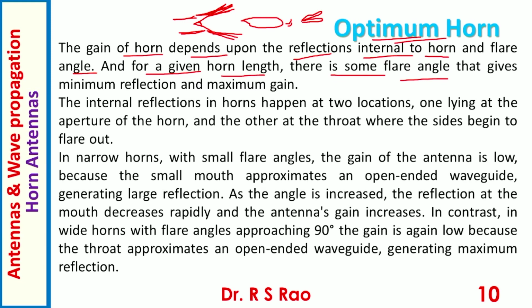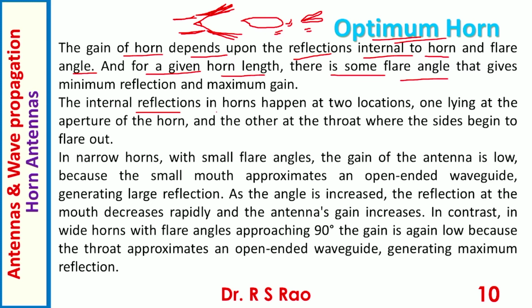One harmful thing one can notice by comparing these two situations is that when beam splitting happens, gain falls down. This is unwanted. So the point is, the flare angle can be increased only up to a certain value. Beyond that, if you go, we don't get any benefit. Instead, we get some harmful consequences. With this understanding, let us move.